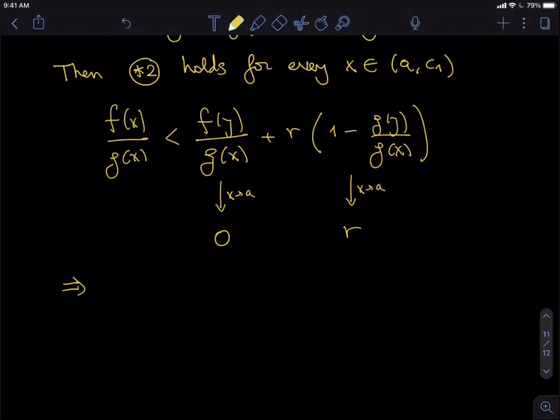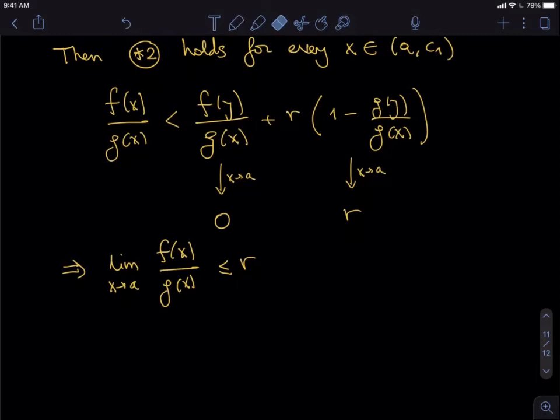So what we get is that the limit as x tends to a of f of x divided by g of x is less or equal than r, which means it's also in particular less than q.